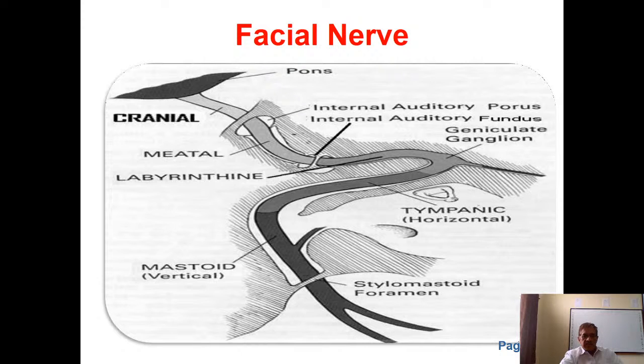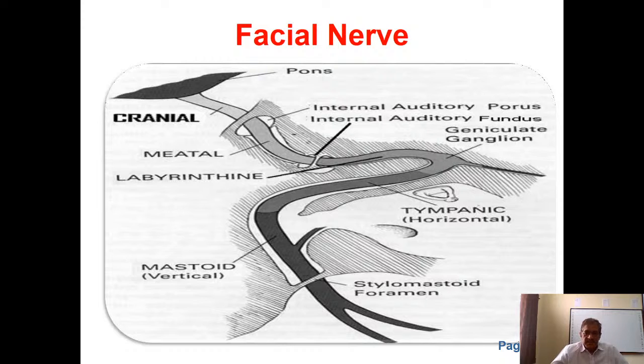because in any dissection or any surgical treatment that we have to perform in this region, the facial nerve is the seventh cranial nerve, which is important because it supplies the muscles of facial expression, and expression is the most important component of our success in life.